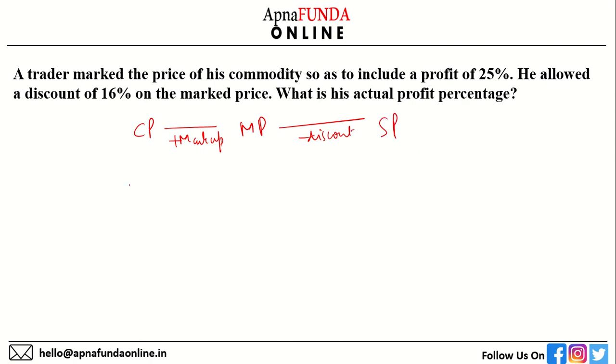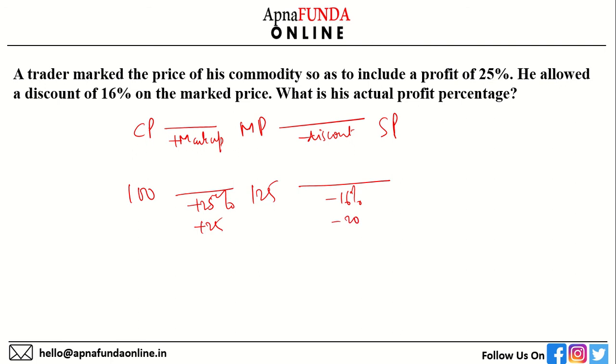Let the cost price be 100. There is a markup. That means it includes profit of 25%, which means plus 25, mark price becomes 125. Then there is a discount of 16%. 16% of 125. That means minus 20.